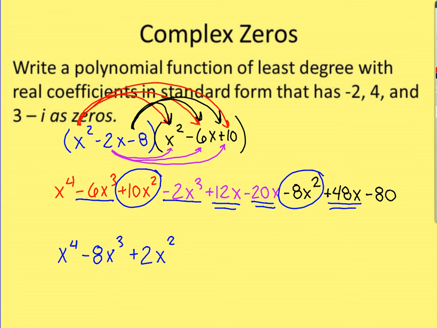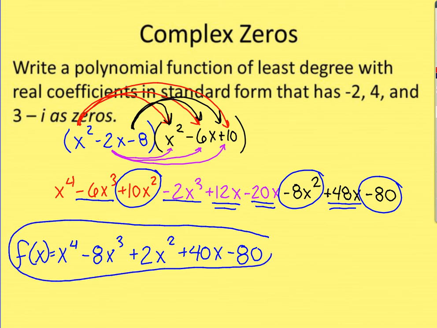So negative 20 plus 48 is going to give us a positive 28x. And then we have this negative 80 by itself at the end. So our function, written in least degree, will be x to the 4th minus 8x cubed plus 2x squared minus 40x minus 80.